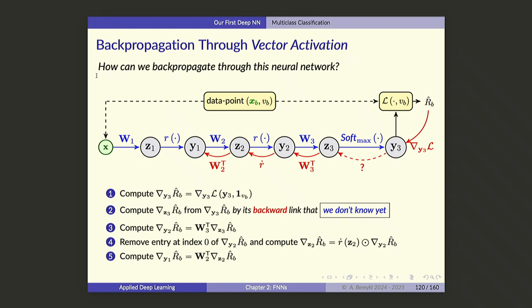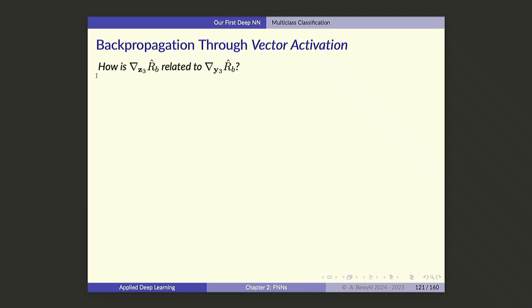We do know how to handle it. And finally, we need to just move from y1 to z1. Again, we know it. Everything in this architecture we do know how to do, right? The only thing that we don't know is this softmax. If we know how to backpropagate over softmax, then this chain is going to be complete, right? Everybody's clear? Any questions? No questions? So let's have a 5-minute break, and then we see how we can deal with softmax, right?